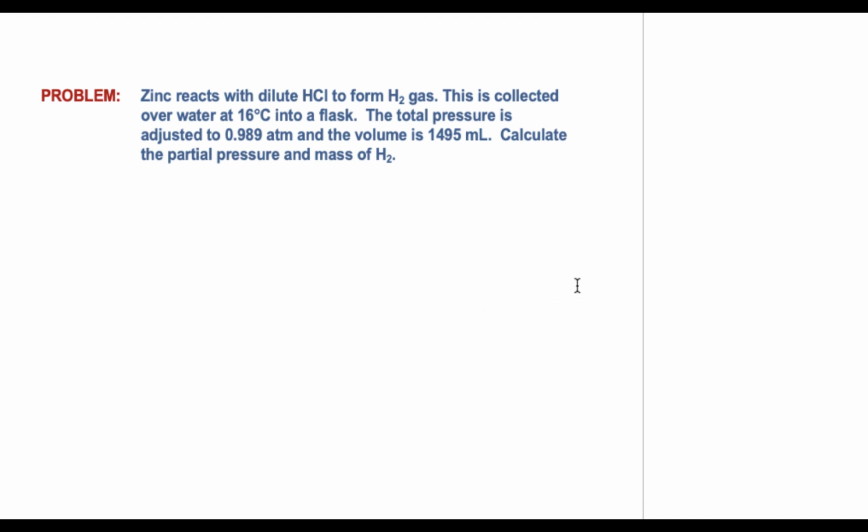For example, here in this problem, we have zinc reacting with dilute hydrochloric acid to form hydrogen gas. And in order to do this, we collect the gas over water at 16 degrees Celsius. So the total pressure, once we adjust everything, is 0.989 atmospheres. That includes the pressure of the hydrogen plus the pressure of the water.